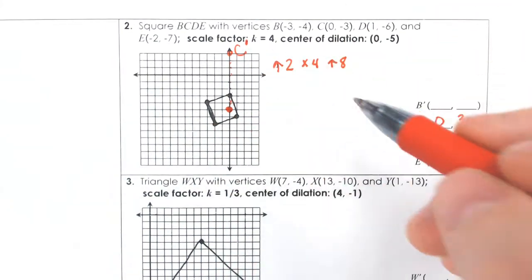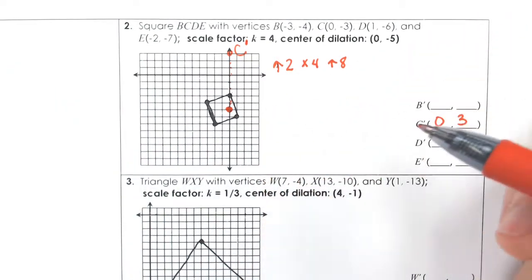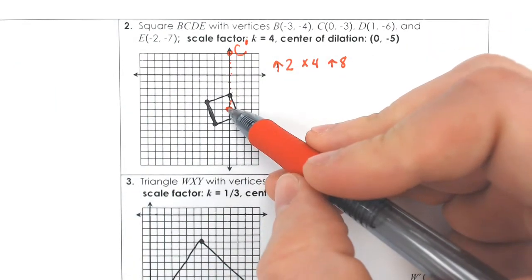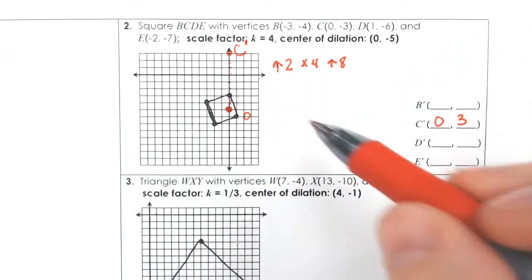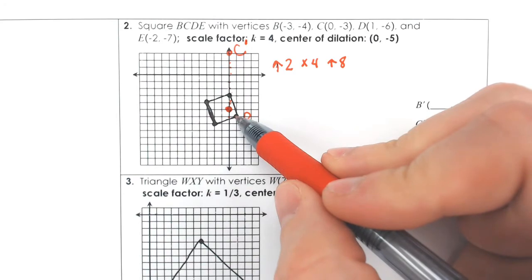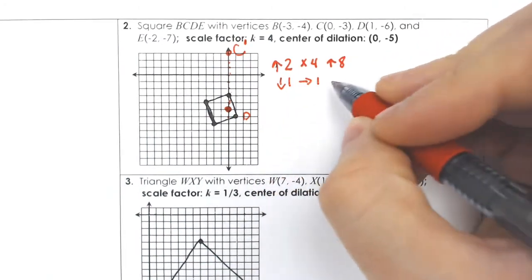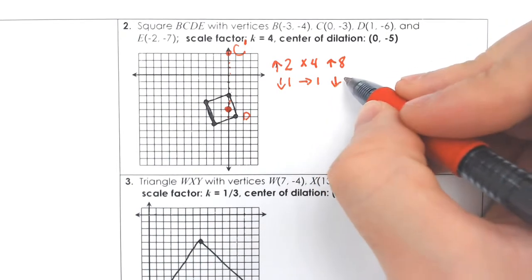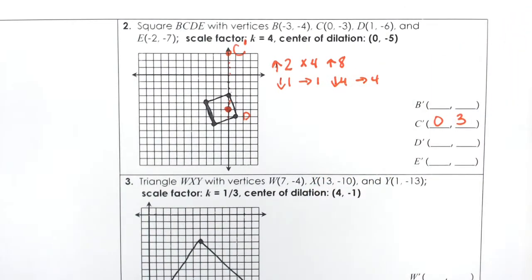And we're going to do that for each and every one of these points, but with a down and over type of technique. So here, if I was going to this point, which is point D, we went down by 1 and over by 1. Well, instead, I have to go down by 4, multiply the 1 by 4, and over by 4.